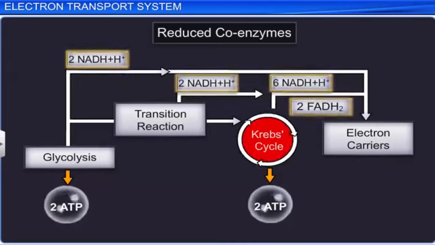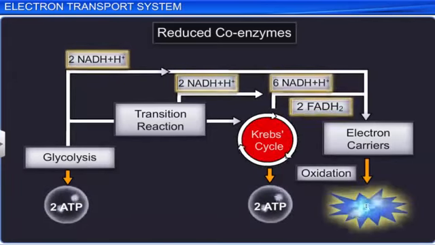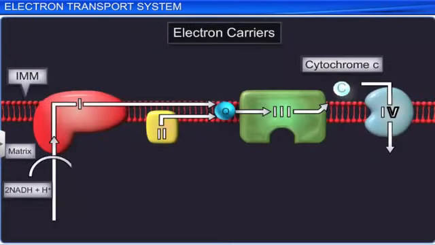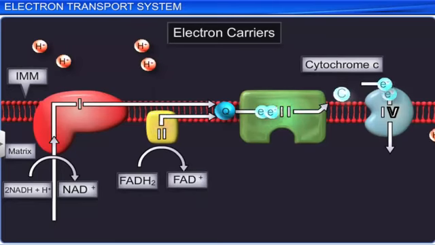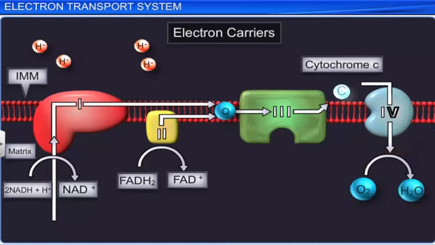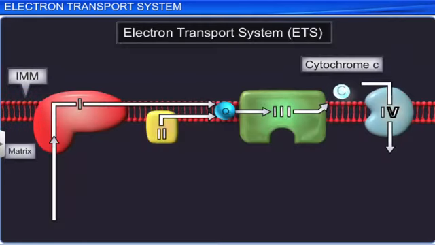These reduced coenzymes need to be oxidized to release and utilize the energy stored in them. This is made possible by the transport of protons and electrons from these coenzymes to oxygen through electron carriers present in the inner mitochondrial membrane. This metabolic pathway of electron transport is called the electron transport system or ETS.